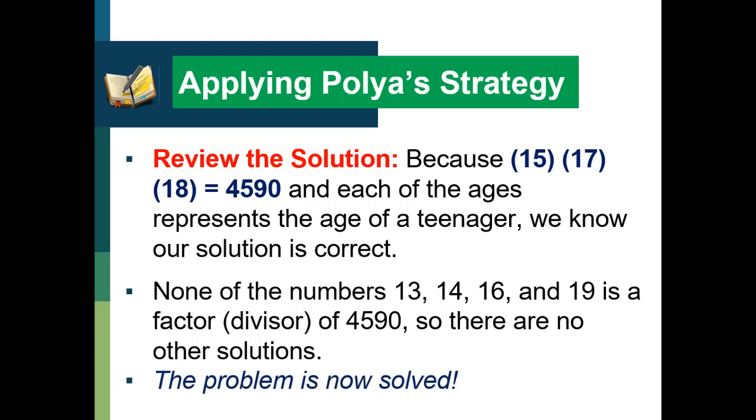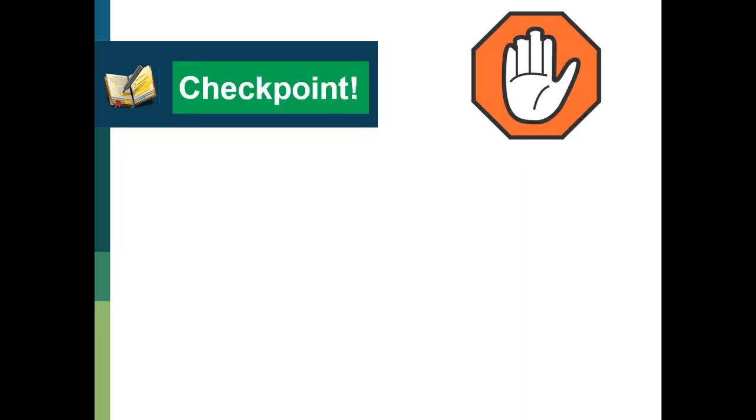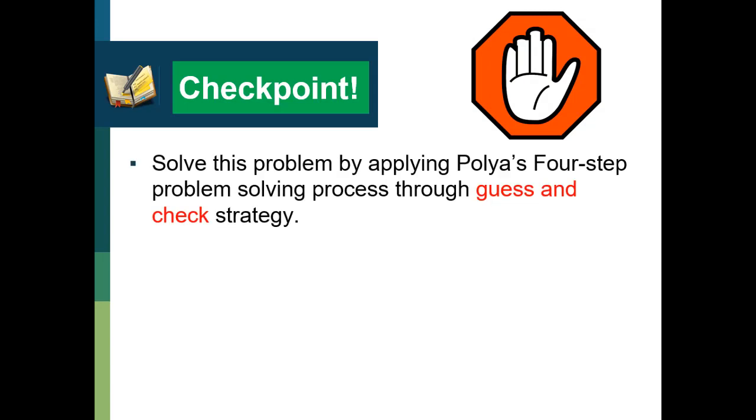Using Polya's four-step problem-solving process through guess and check strategy. Did you get it? Alright. It's now your turn, of course, to practice on how to solve a problem using Polya's four-step problem-solving process through guess and check strategy.